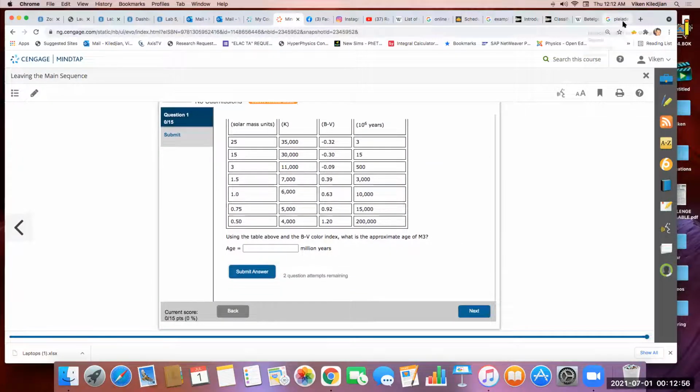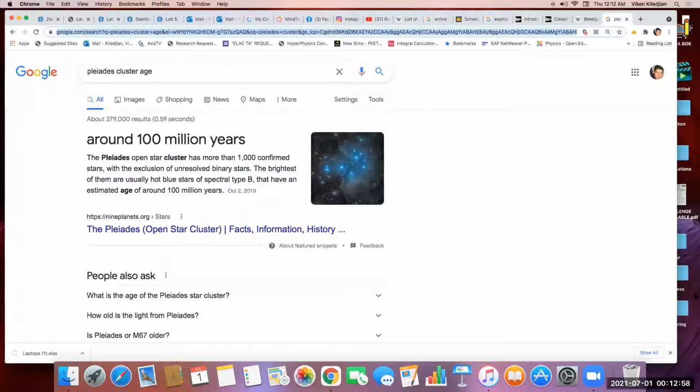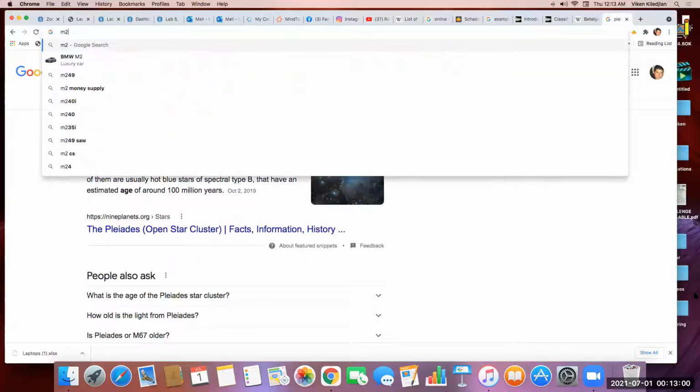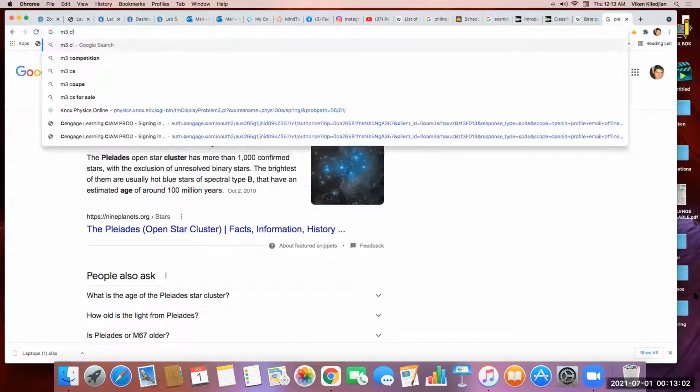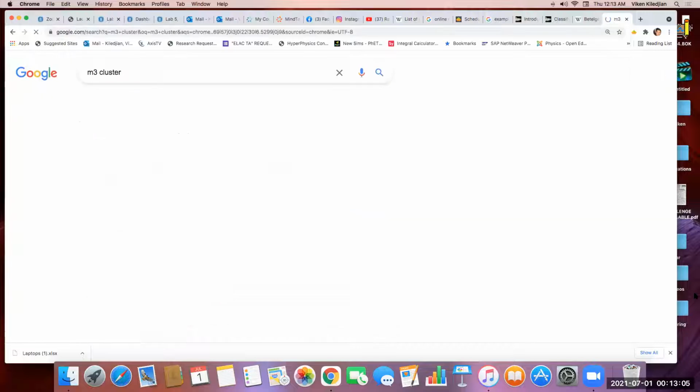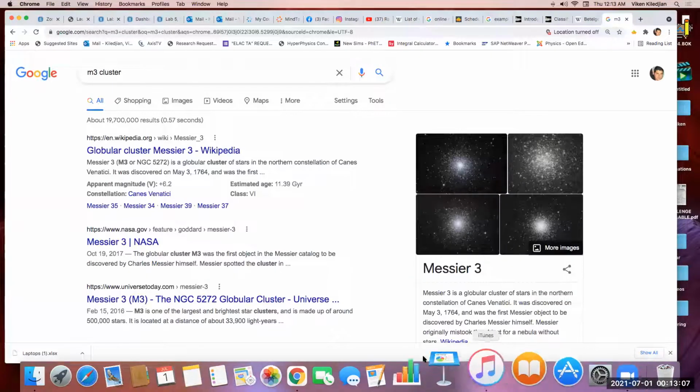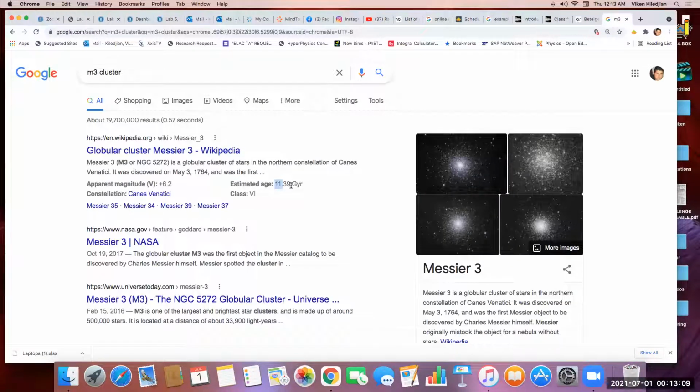Let's see, what is the M3 cluster's estimated age? No, it's 11.39 billion years old. So I was off on my estimation.